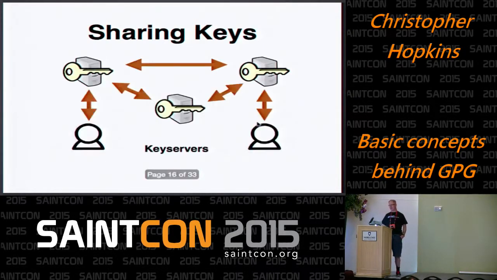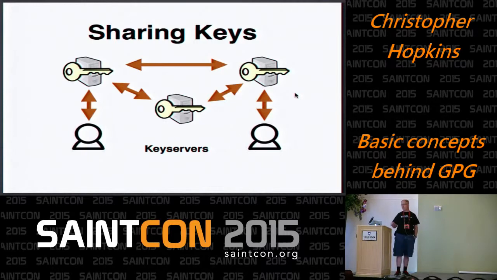So in practical terms, we use key servers. A key server is basically a machine that sits up there, and you upload your key to the key server. Then other people can find your key and pull it down. You're going to notice I drew key servers, and I have a few machines there.